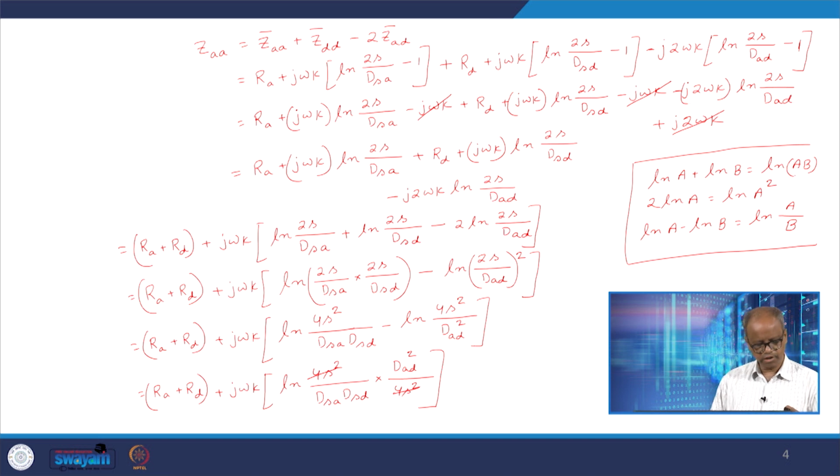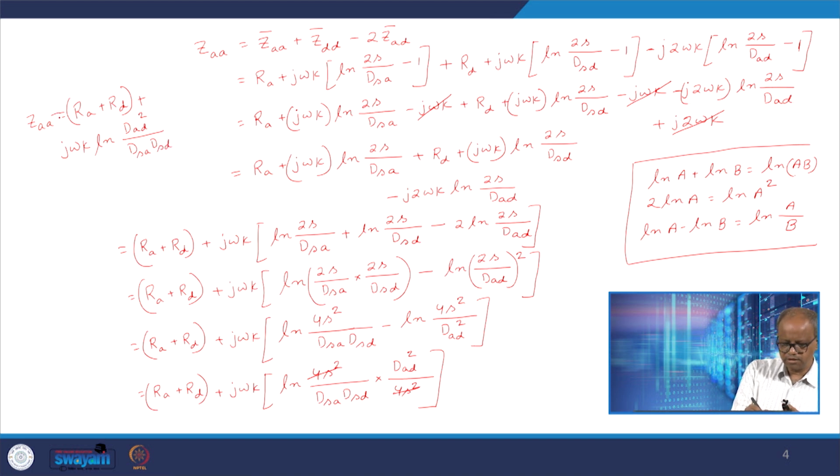Ultimately I am left with ZAA equal to RA plus RD plus j omega K log of DAD whole square by DSA into DSD.